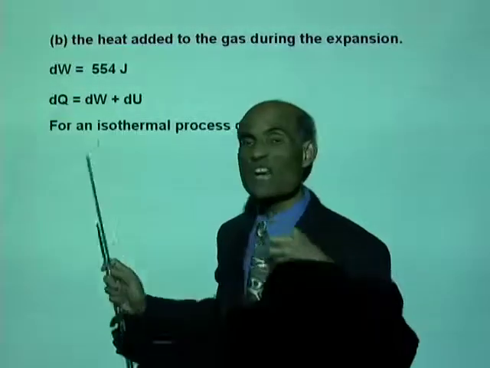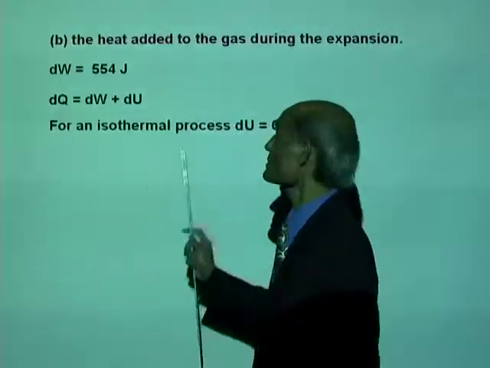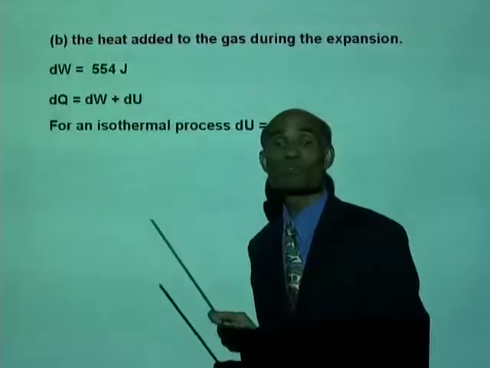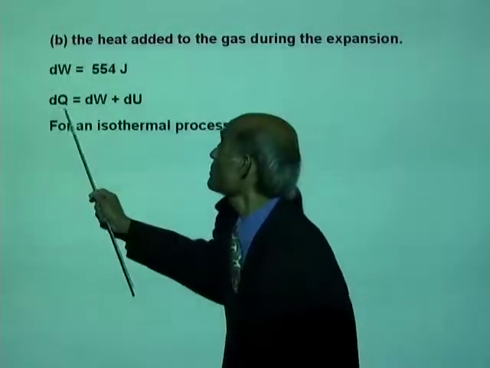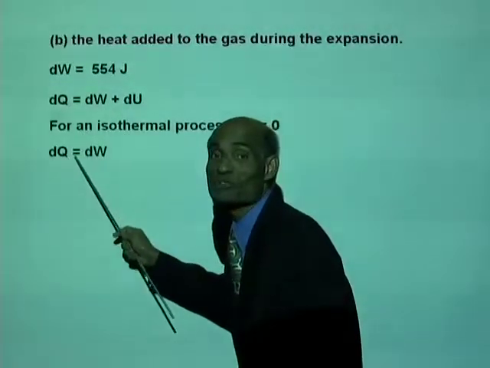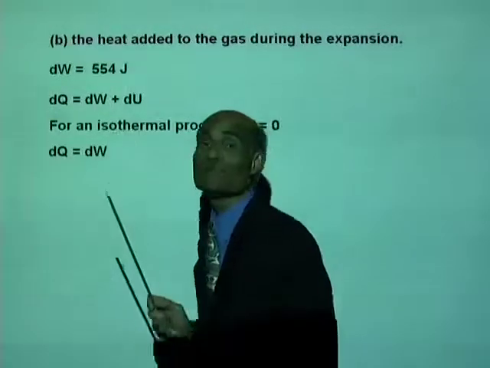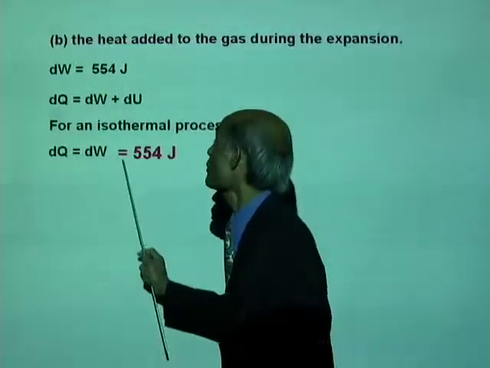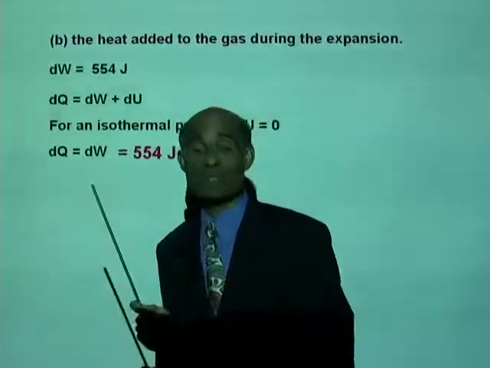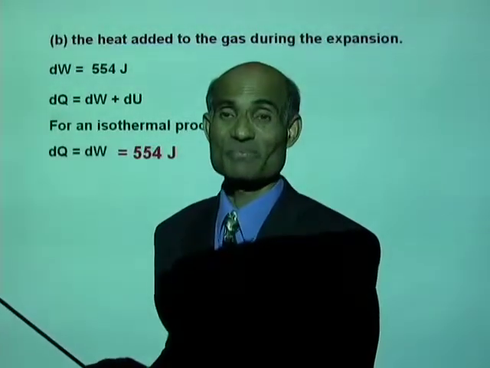So what is the change in internal energy for an isothermal process? dU equal to 0. So dQ equal to dW plus dU reduces to dQ equal to dW, and we know dW, therefore the amount of heat added during that process will be 554 joules.